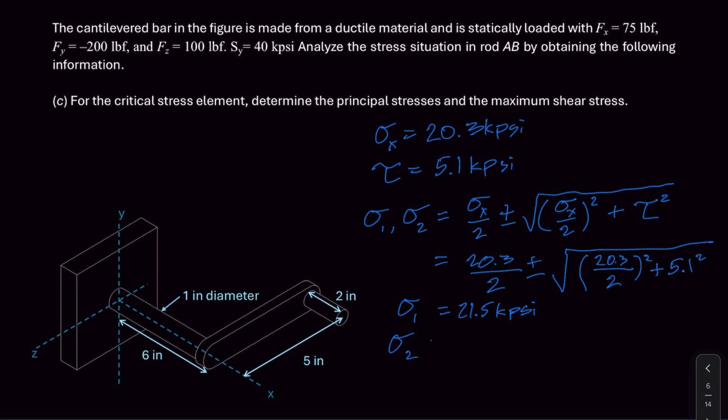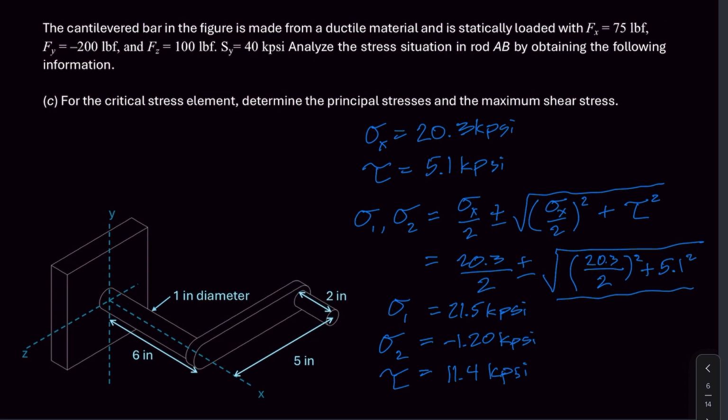And sigma 2 is going to be negative 1.20 kpsi. And our shear stress would either be just the portion of this, or here we can do sigma 1 minus sigma 2 divided by 2, and we would end up with 11.4 kpsi.